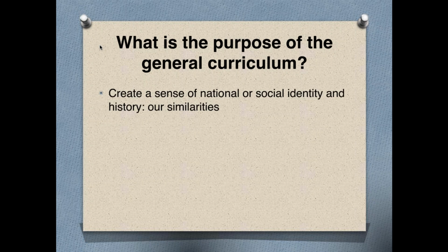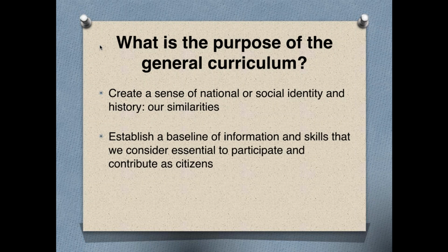One of the most common ideas that comes up is that we create a general curriculum, the institution of public education, in large part because we're trying to create a sense of national identity and social identity. We're trying to bring people together so that they identify as part of a specific population that has specific responsibilities. We want to establish a baseline of information so that we have an informed democracy.